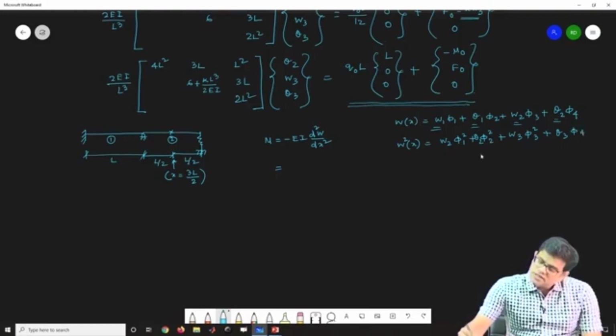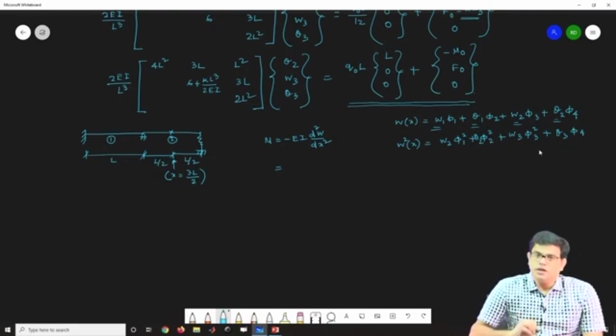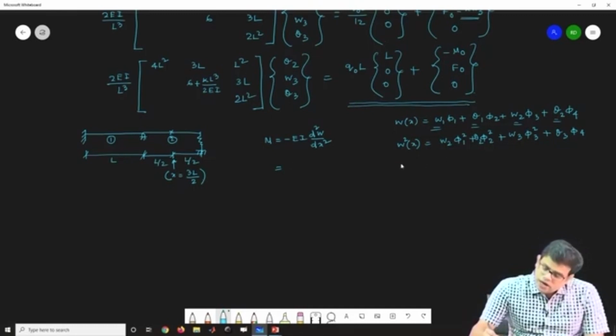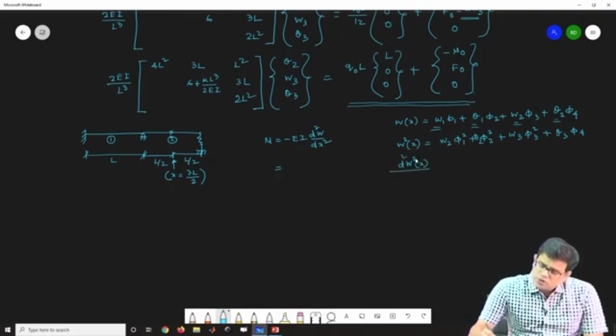This is my deflection, and I can easily take the derivative. So d2w2 by dx2, where this 2 is from element 2.